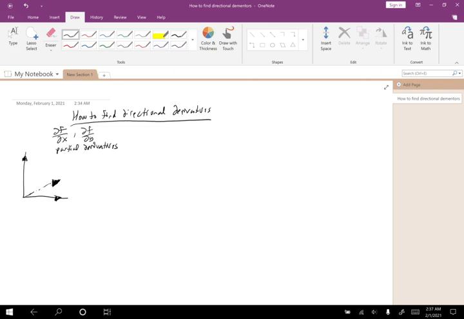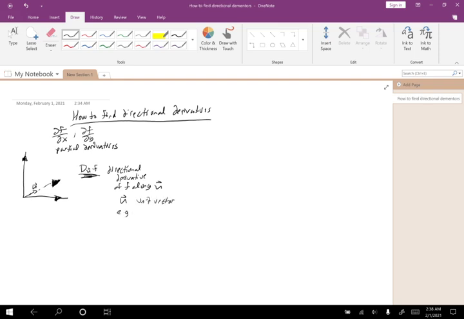If this direction is given by some unit vector u, you might ask for what is the rate of change of f along u? That's the notation that's used, and this is called the directional derivative of f along u. And u, well, it's a unit vector.